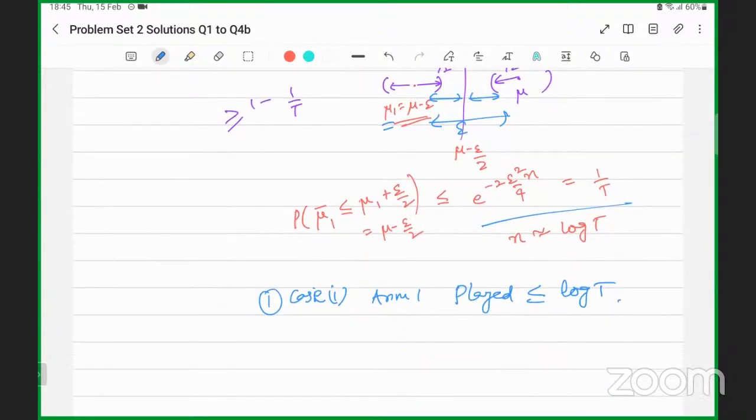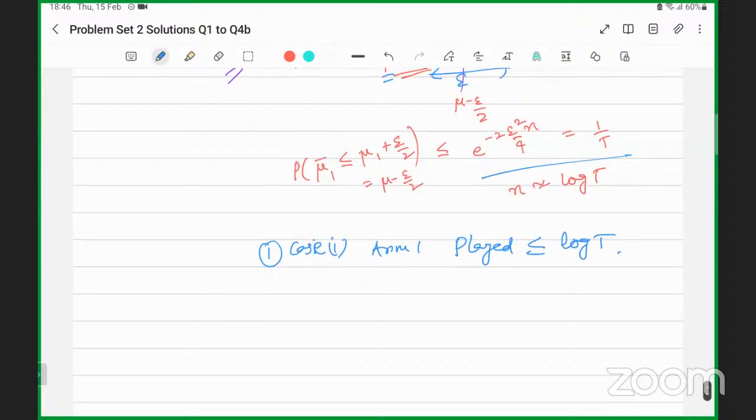All the rounds are over and arm one has still not been played at least log t times. Then what is our total regret? It is less than or equal to epsilon log t, because however many times you play arm one, epsilon into that much regret you'll have. In this case, there is nothing to worry about.